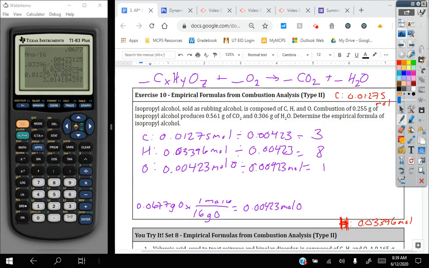So my empirical formula for my isopropyl alcohol is C3H8O. Okay, and that would be my final answer.